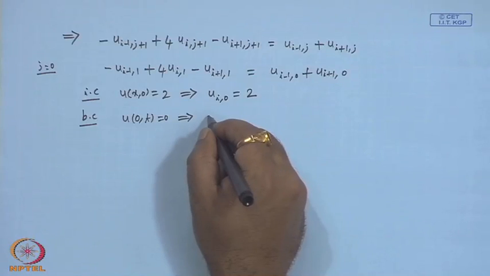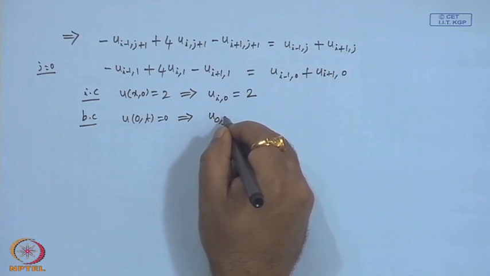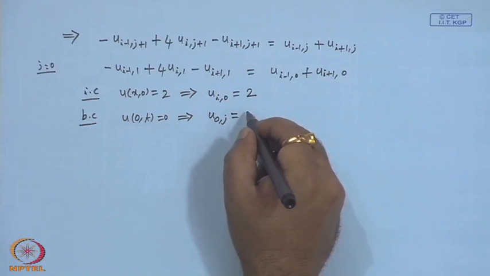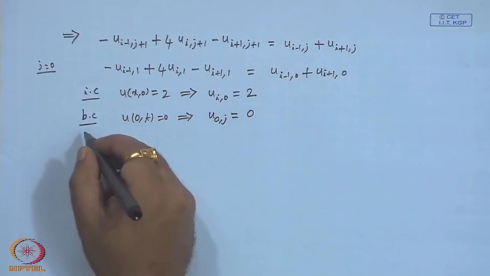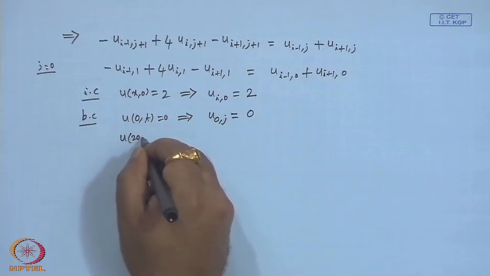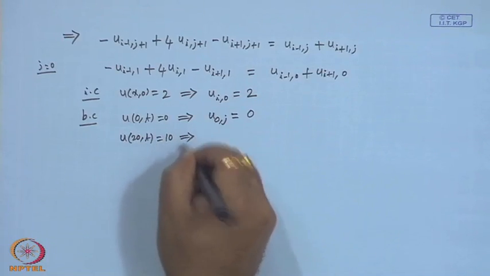So, this implies u of 0, j equals to 0 and u of 20, t equals to 10 implies.